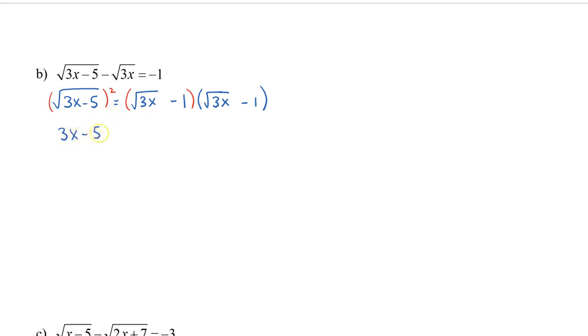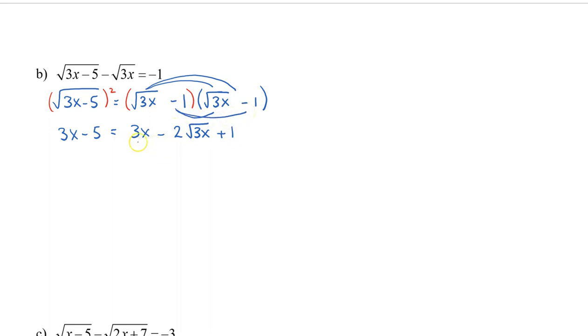We get 3x minus 5. On the right side, I get root 3x times root 3x, which is 3x, root 3x times minus 1, and another minus 1 times root 3x. So I get negative 2 root 3x. And then negative 1 times negative 1, I get positive 1.